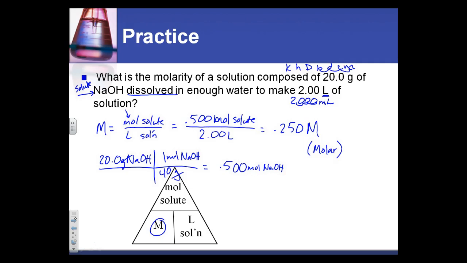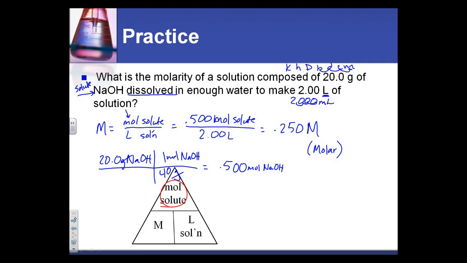Again, I'm going to go through a modification to this problem to show you how another one might be done. When I make up a solution, like say for one of our labs, usually what happens is I know the molarity that I want. And I know how much of the solution I need. What I need to know is how much of my solute do I need to dissolve?